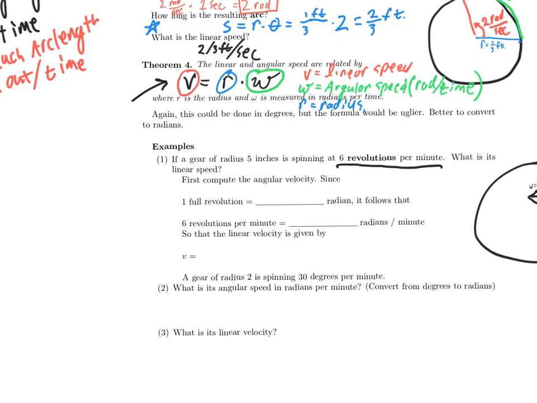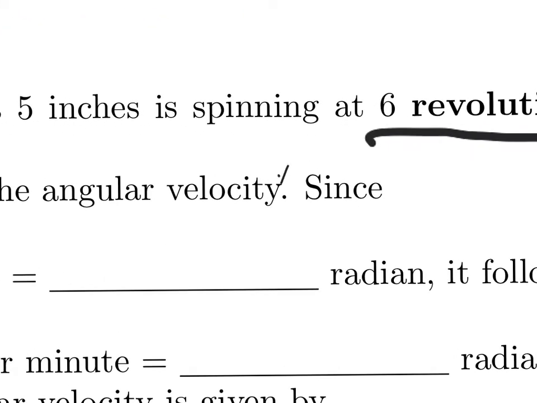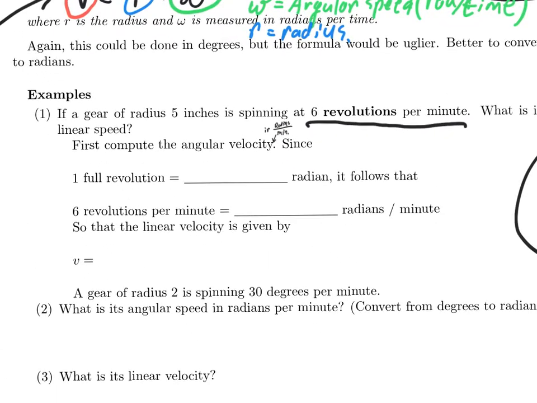But that formula only works once we have the angular speed in radians. So let's compute the angular velocity in radians per minute. We know how to do that. One full revolution is 2 pi radians.